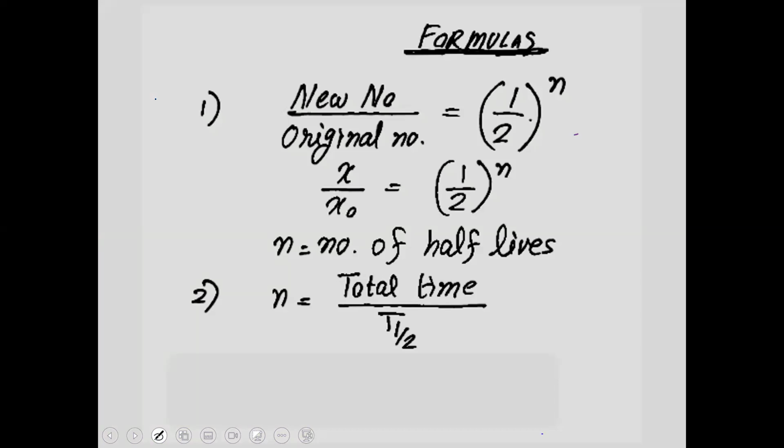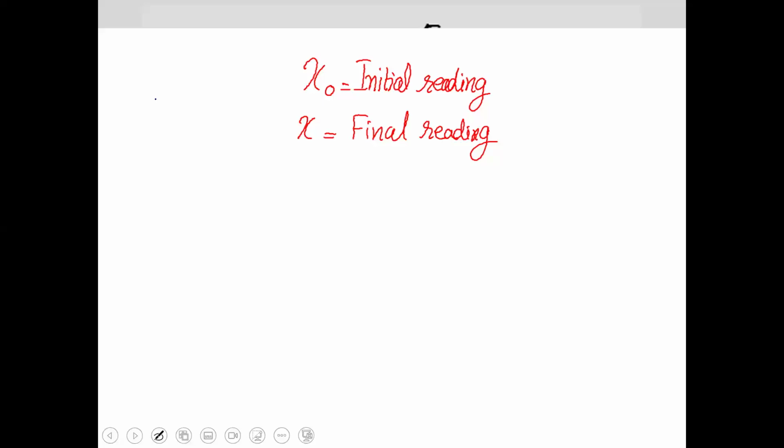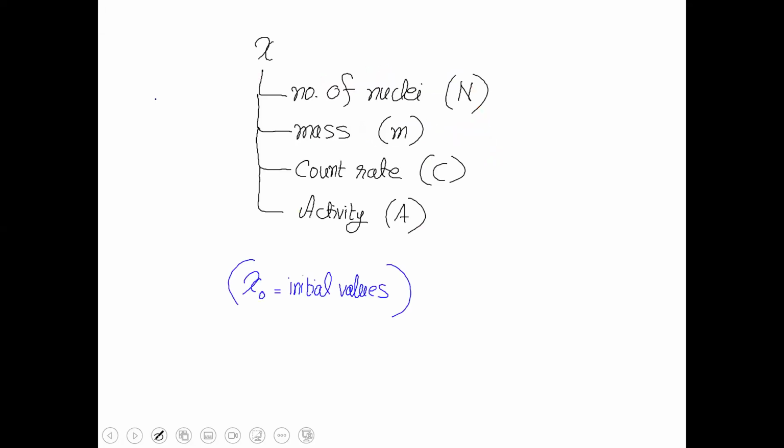Obviously, for paper one, it doesn't matter much, but for general understanding, the formulas should be known. n is equal to total time upon half-life, where x naught is the initial reading and x is the final reading. Now, what does x represent? Number of nuclei. It can be mass of the nuclei, count rate, activity.